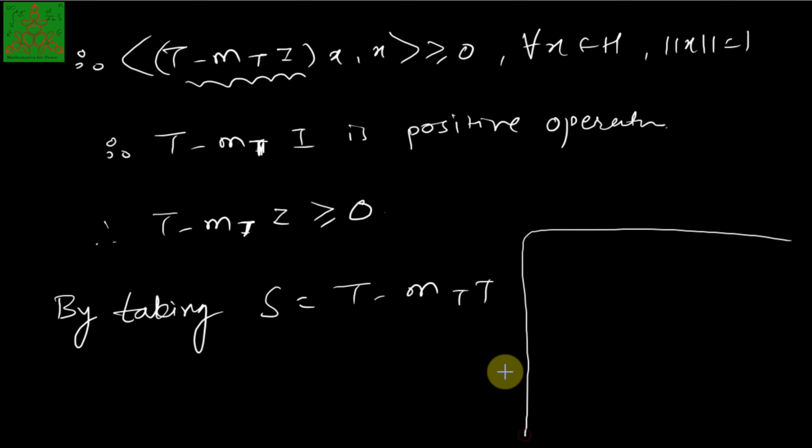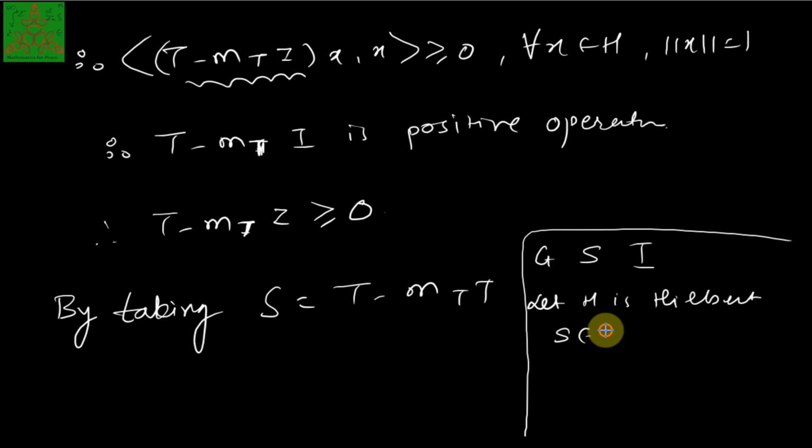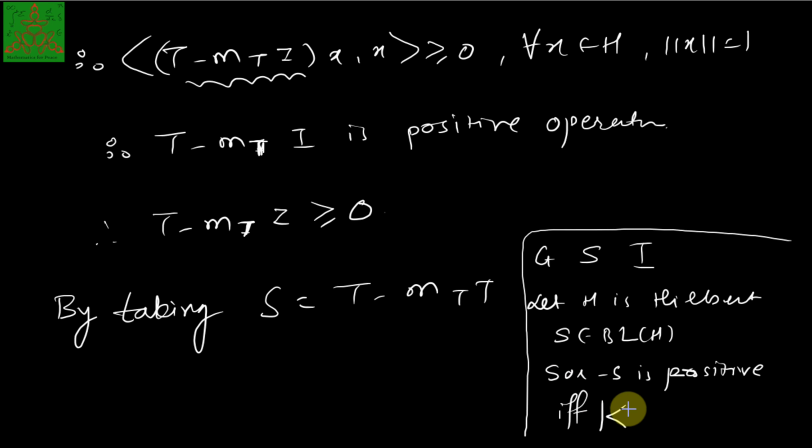This statement is known as the generalized Schwarz inequality, which tells you: let H be a Hilbert space and S belongs to B(H). S or −S is positive if and only if |⟨Sx, y⟩|² is less than or equal to ⟨Sx, x⟩ times ⟨Sy, y⟩.